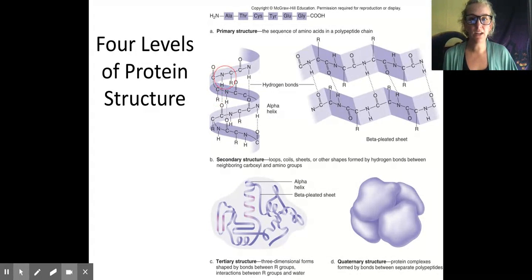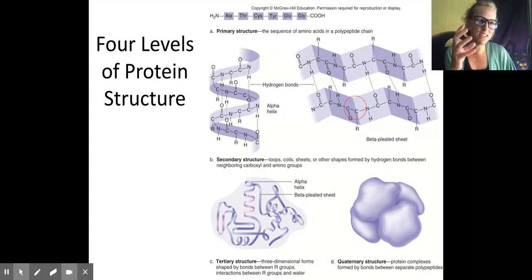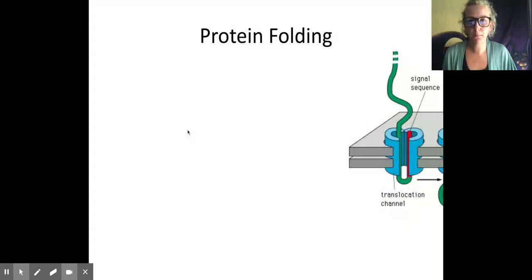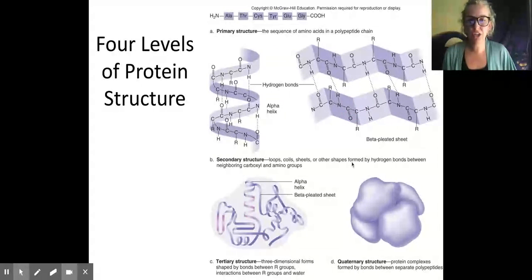And so the secondary structure could either be loops and coils like this, so a spiral, or there's something called a beta pleated sheet. And every time you guys see these dotted lines, by the way, those represent weak hydrogen bonds. And those weak hydrogen bonds, again, they don't make it into a new molecule. It just kind of makes the molecule reshape in structure so that that protein starts to have a fold. Let's go back to tertiary structure.